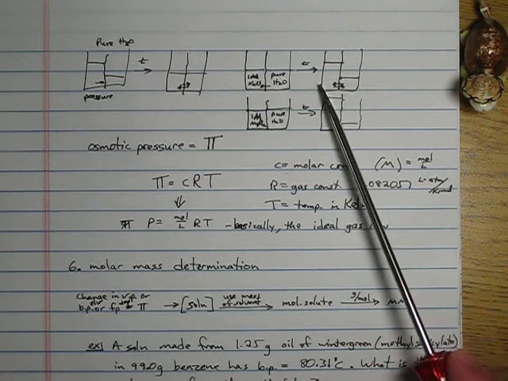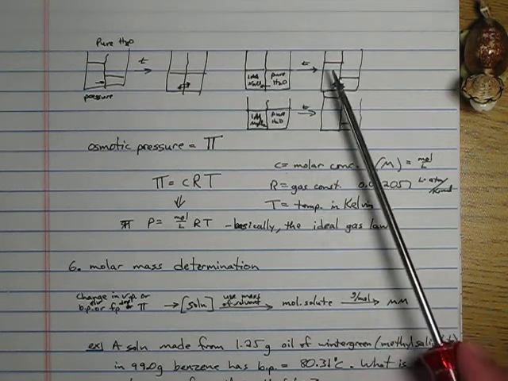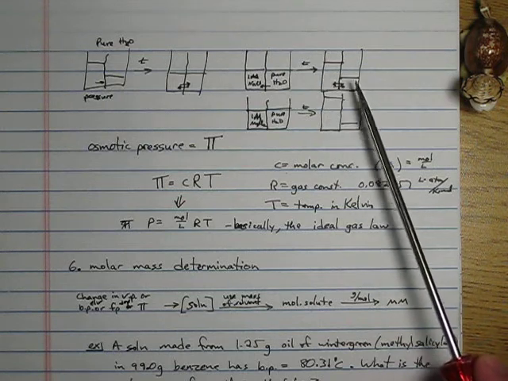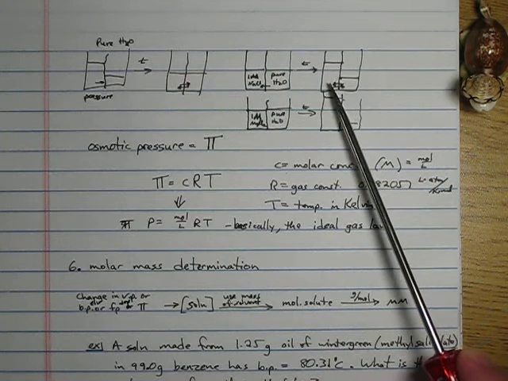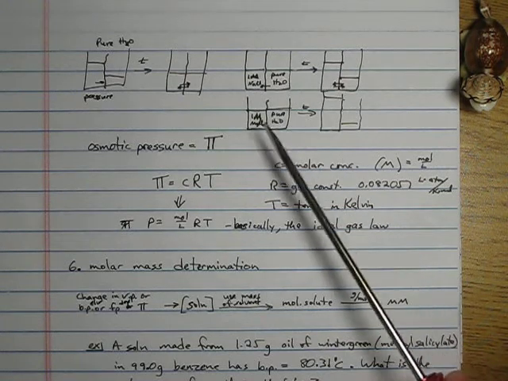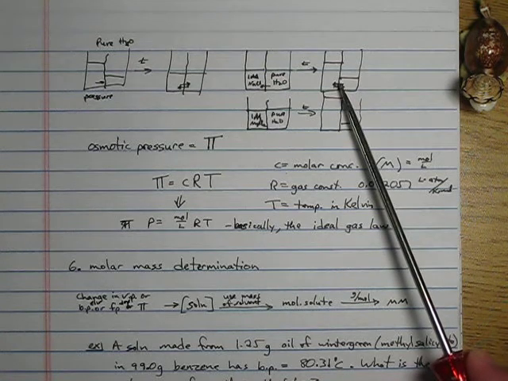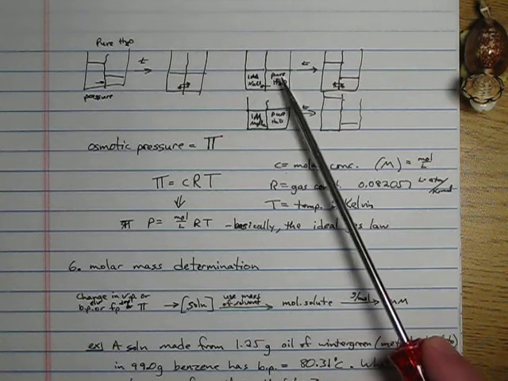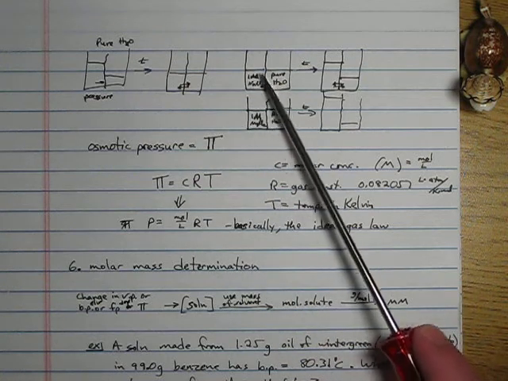We're going to find that the left side, which had the sodium chloride, osmosis is going to try to dilute that. It's going to try to take some of the water from the pure water side and move it over to the sodium chloride side. Note, the semi-permeable membrane does not allow sodium chloride through, only water, so none of the sodium chloride can go over to the other side. But osmosis wants to dilute this solution.